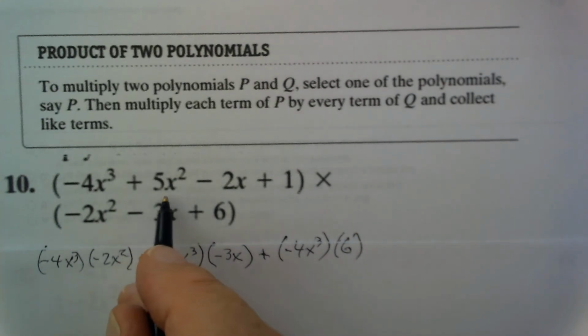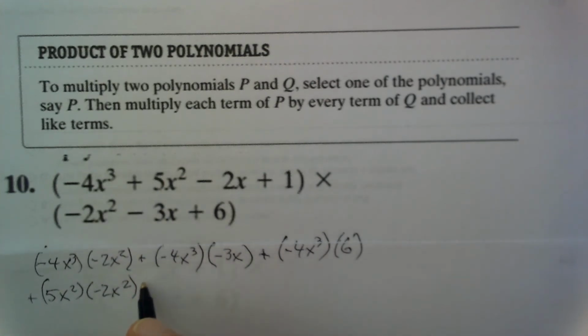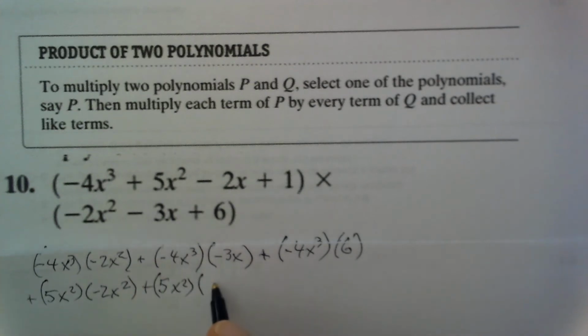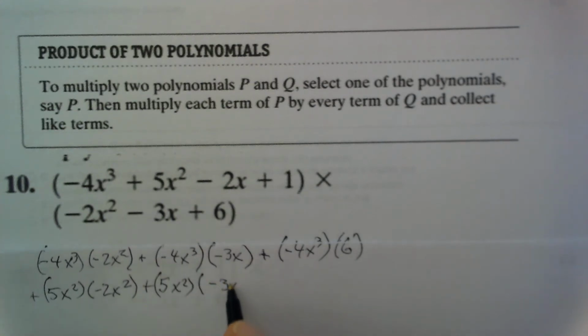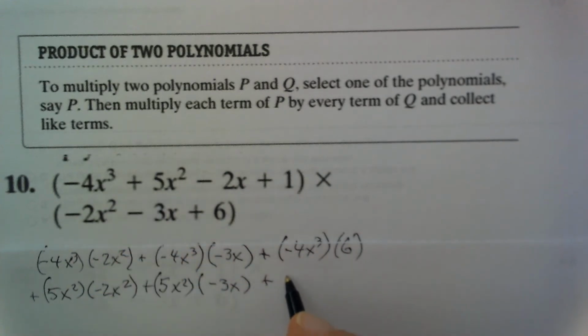And then we select this term here, plus 5x squared times minus 2x squared plus 5x squared times minus 3x plus 5x squared times 6.